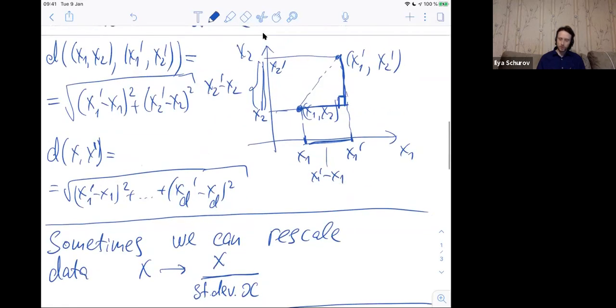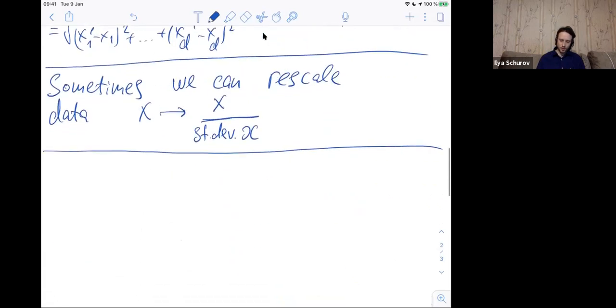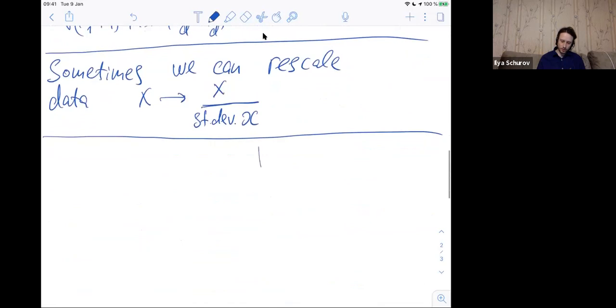But this is not the only possible way to measure distances between points. For example, another possible measure is the following. Assume that you have two points. Again, I have x1 here, x2 here, and x1 prime here, x2 prime here.